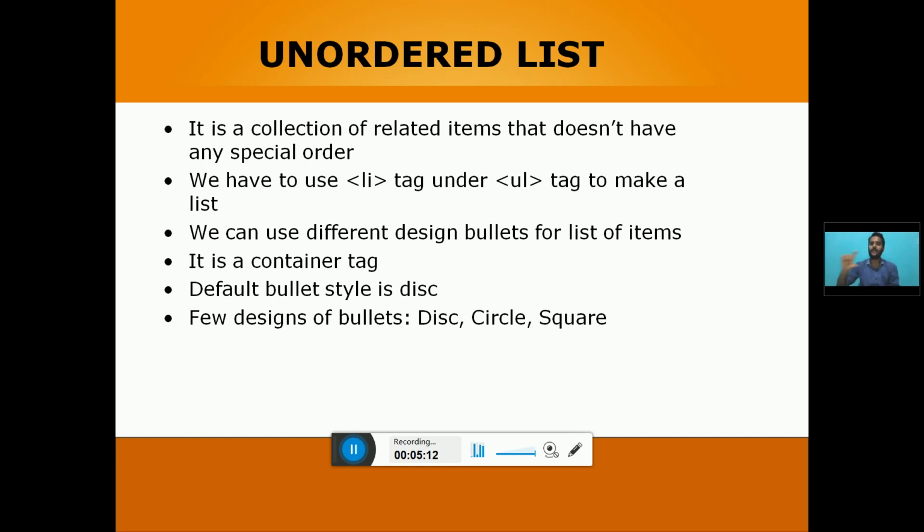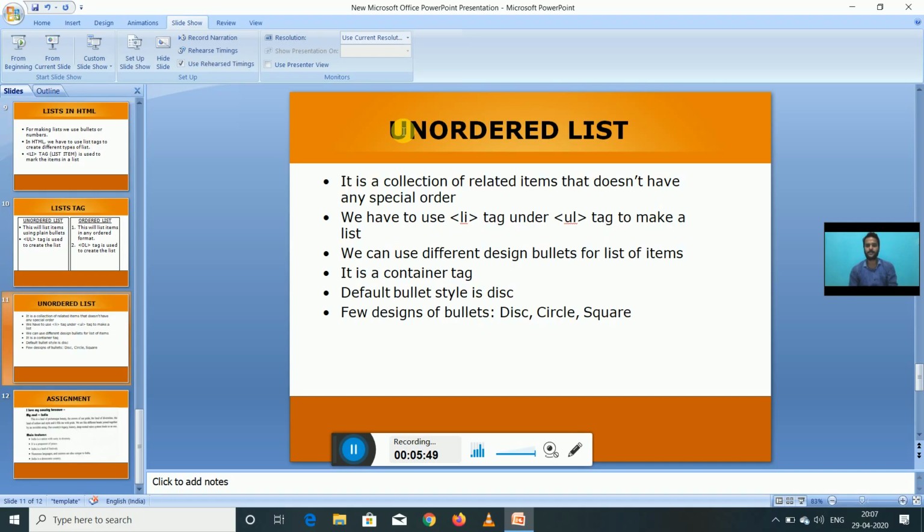We can also use different design bullets for the list of items, and there are many options for design bullets for our ul tag. First, I will show you some examples.